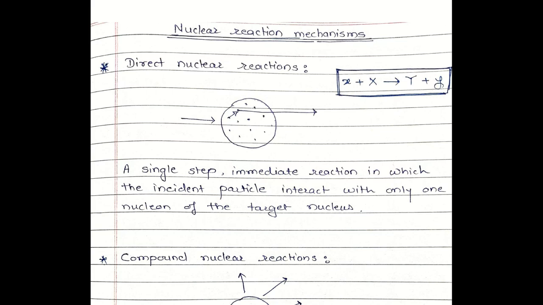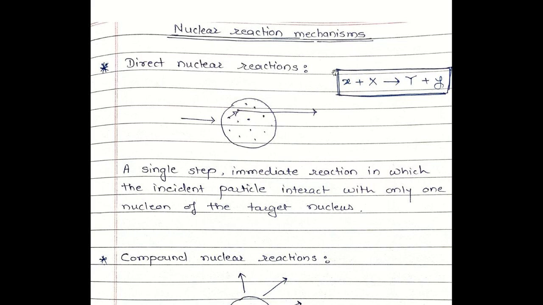Now what is the thing that converts reactants into products? We call it the nuclear reaction mechanism. How a nuclear reaction takes place, this we have to study under the head of nuclear reaction mechanism.